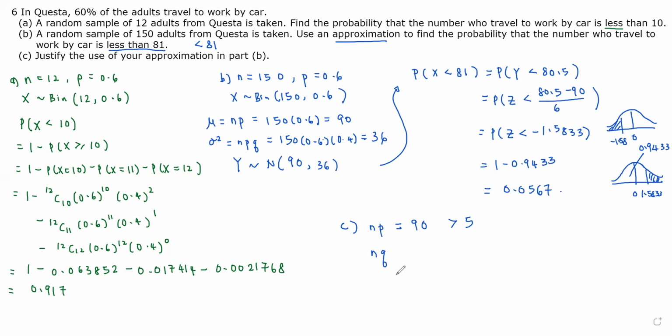In fact, it's greater than 5. nq is 150 times 0.4, which is 60, and this is greater than 5. Since both np and nq are greater than 5, we can use the normal approximation to the binomial to compute the probability in part B.